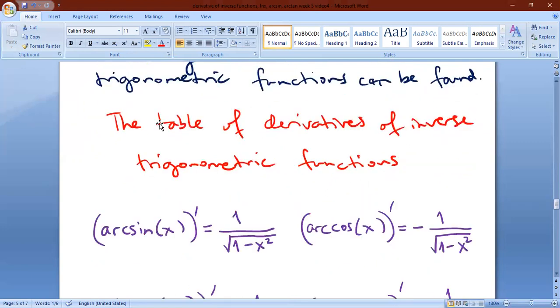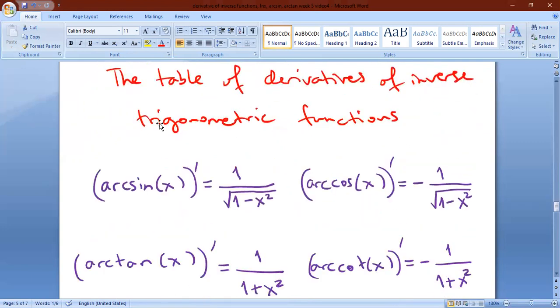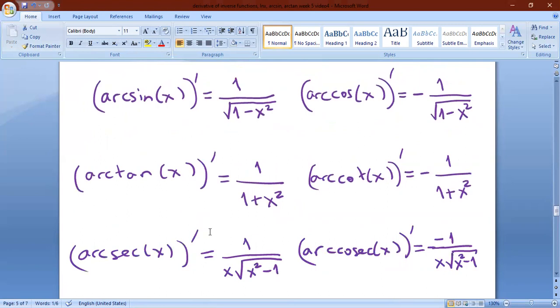But the table of derivatives of inverse trigonometric functions can be written like this. The derivative of arcsine, we have found, is 1 over square root of 1 minus x squared. For the derivative of arccosine, it's the same function, only negative: minus 1 over square root of 1 minus x squared.